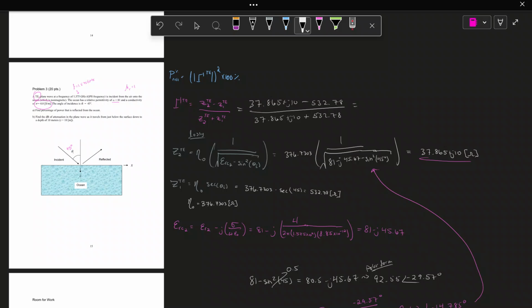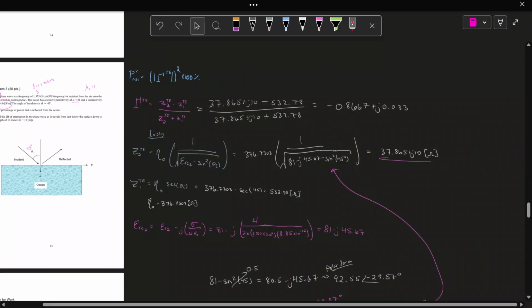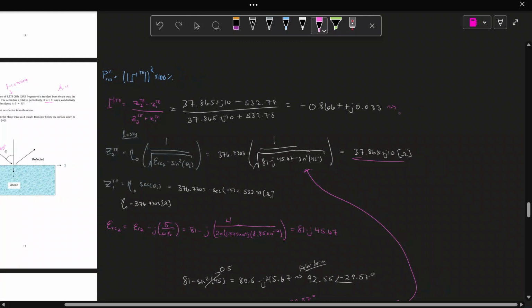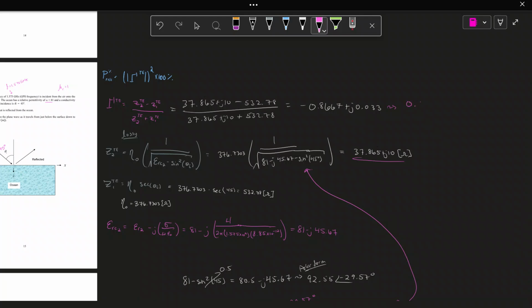Well, this gives us gamma TE, and gamma TE is then negative 0.8667 plus J 0.033. Our next step here is to find the magnitude, because that's what we want in our reflection percentage equation. And so again, we turn it into polar form. So we get 0.8667 angle 177.84 degrees.